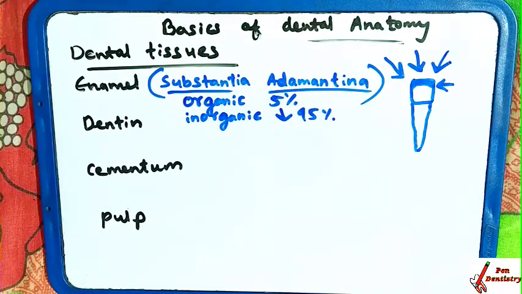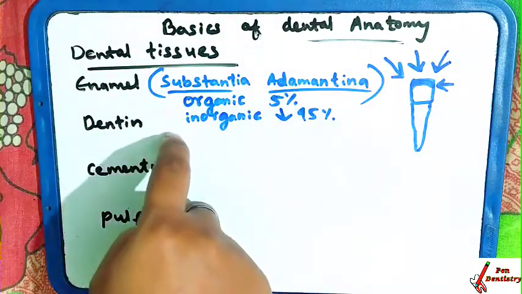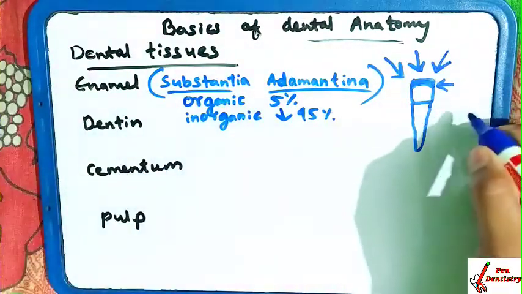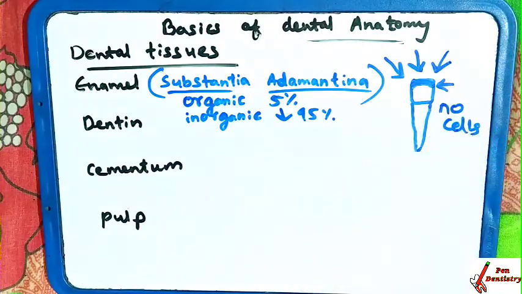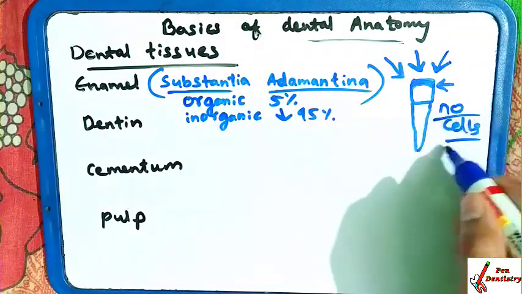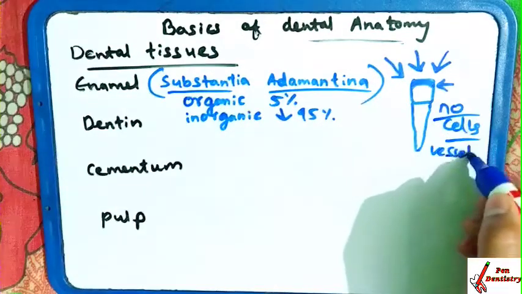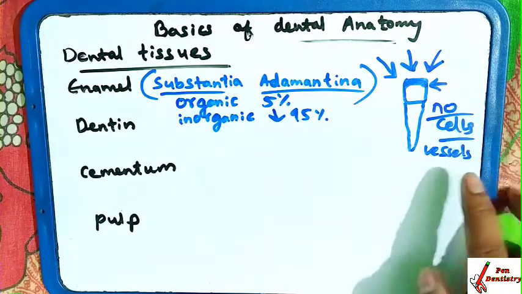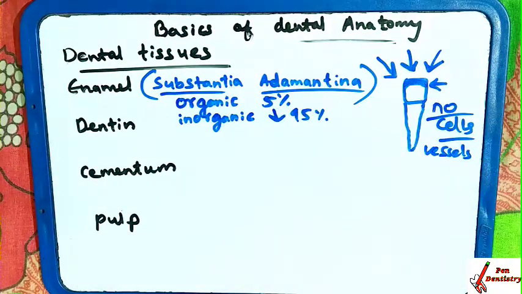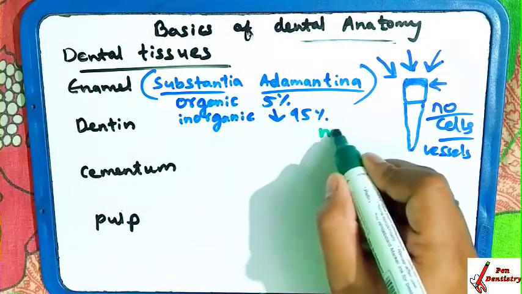Now, the enamel has no cells. No cells and no vessels are present in enamel. That's why the enamel is known as non-living tissue.